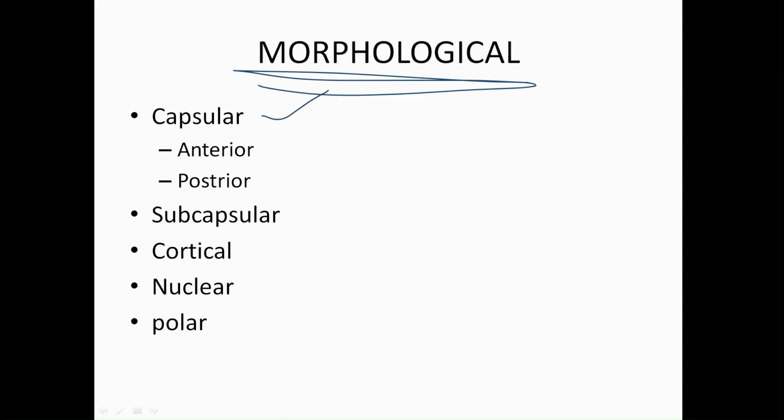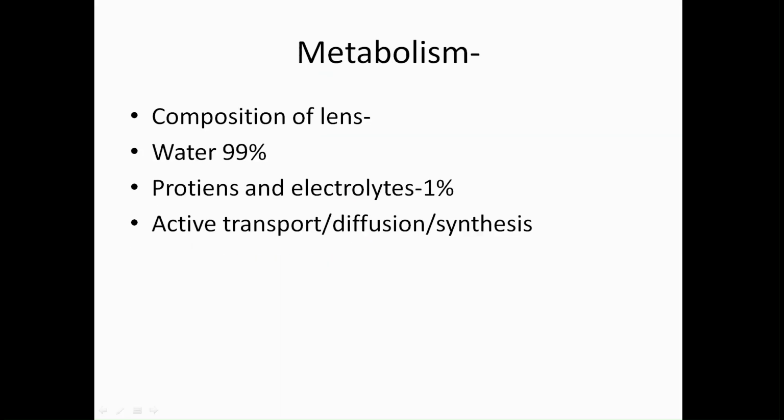So, if it is at the capsular level, then it can be capsular, which can be, depending on its position, anterior or posterior. Then you have subcapsular, that is just beneath the capsule. Then you have cortical, that is the outer fibers or the cortical cataract. Central or the nuclear cataract, or polar, which can be either anterior polar or posterior polar.